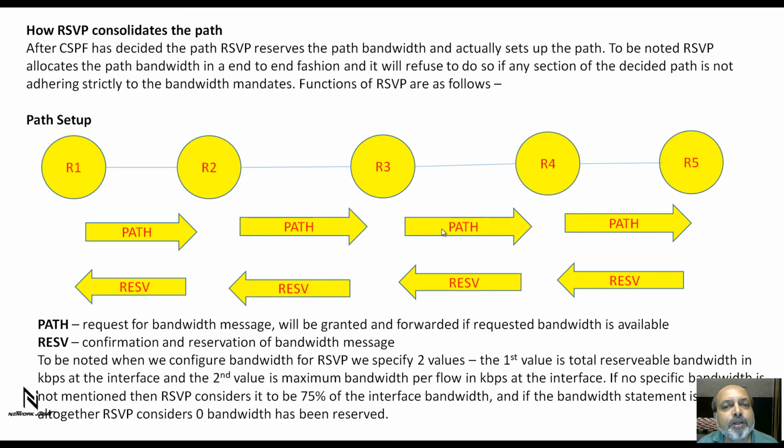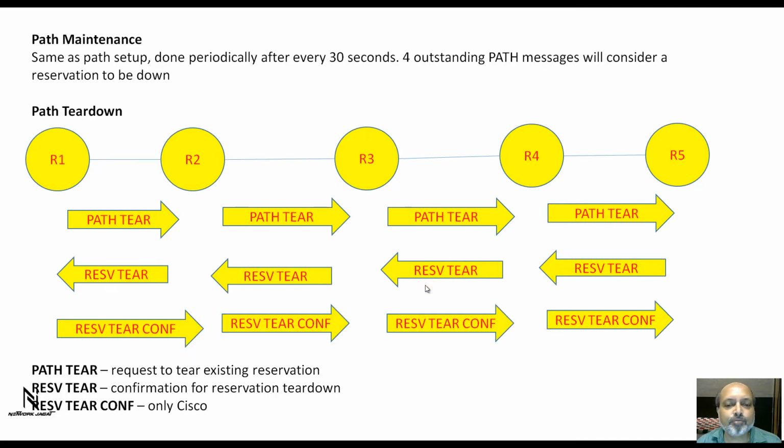They have simply forwarded the path message which has been sent to them by R1 unchanged, ultimately to R5, right? So that's why it is directly targeted for the tail end, whereas these RESV messages are targeted for the previous hops, right? In this way, I hope you can understand.